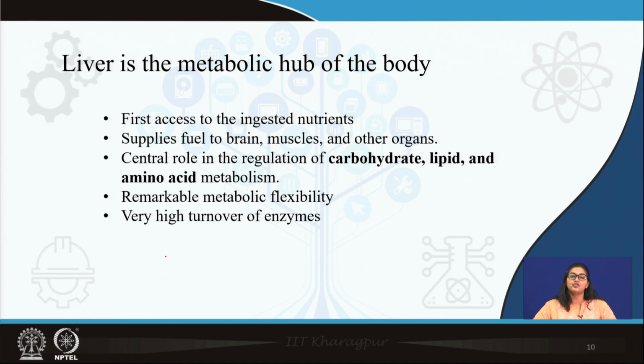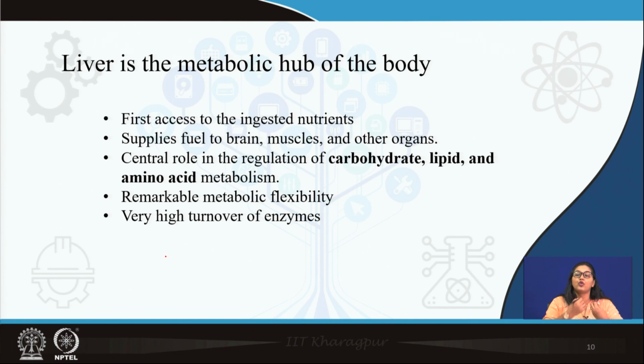Now, liver has remarkable metabolic flexibility. When we take a high protein diet, what happens? The amino acid metabolizing enzymes present in liver are stimulated, their synthesis is increased, and those enzymes catabolize the proteins. Now, if after 1 hour you take a carbohydrate rich diet, liver adapts.